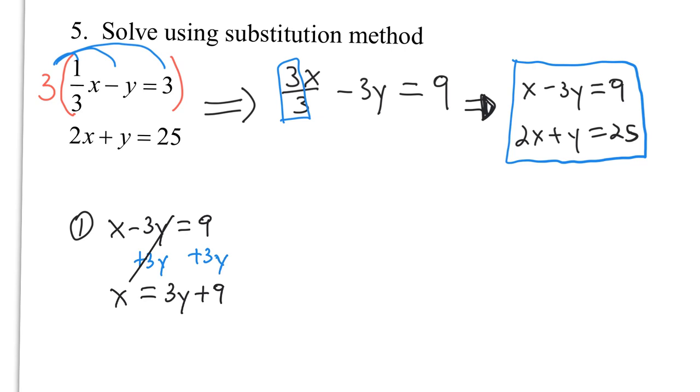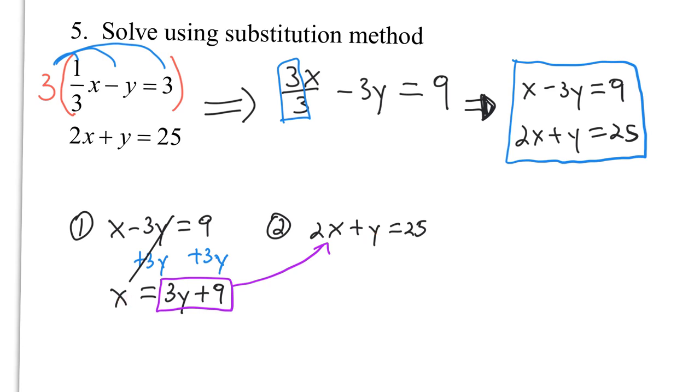Step number 2, you are going to use the other equation. So 2x plus y equals 25. Where am I going to substitute all of this right here? Into the x, because that's what it is. x equals. Always be careful what expression you have, what it equals to. If this is a y, you substitute into the y.